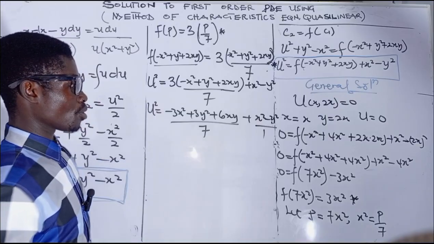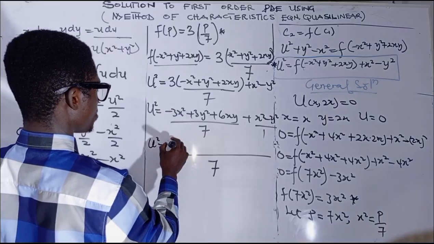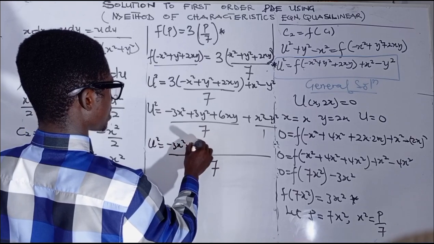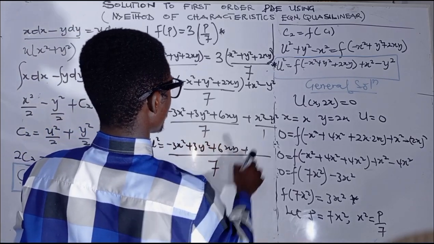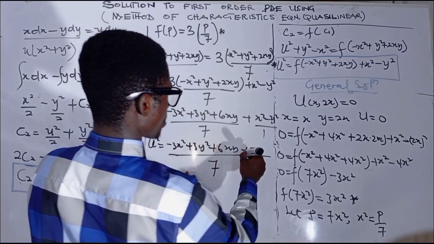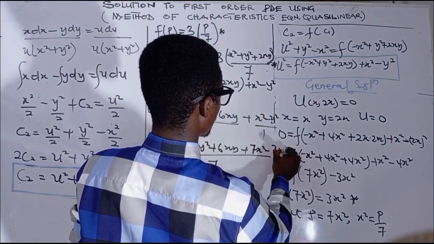Now we can do some small algebra by finding the LCM. This into that, we have minus 3x squared plus 3y squared plus 6xy, and then plus this into that, we have 7x squared minus 7y squared.